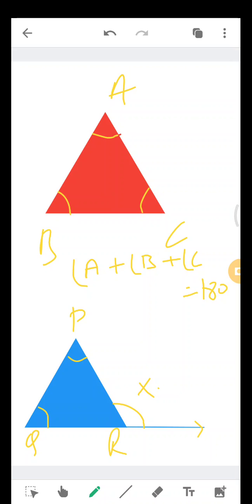So I can say that X is equals to Y plus Z. Okay, exterior angle of a triangle is equals to Y plus Z. So this was the exterior angle property which I explained you in the last session.